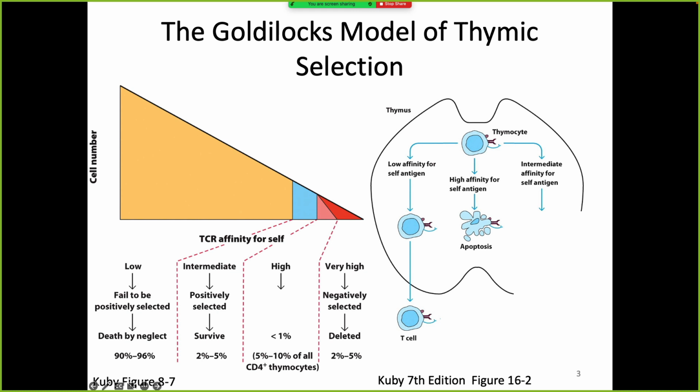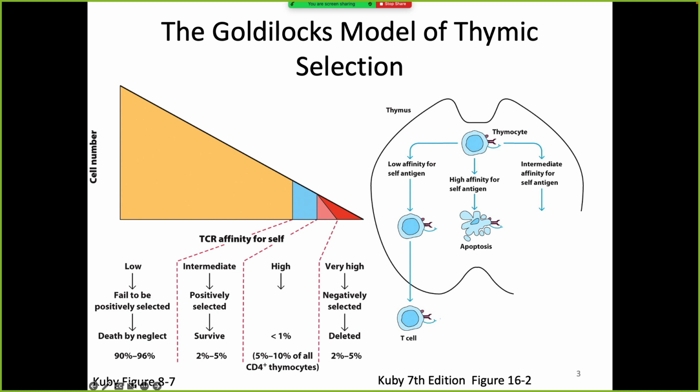What does it mean to be positively selected? What has to happen for you to be positively selected? Yeah. You have to react with an MHC plus peptide that you see in the thymus, right? You have to be able to get some signal from the MHC plus peptide in the thymus.